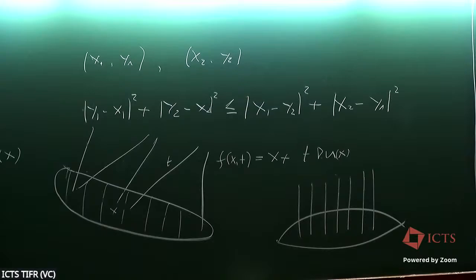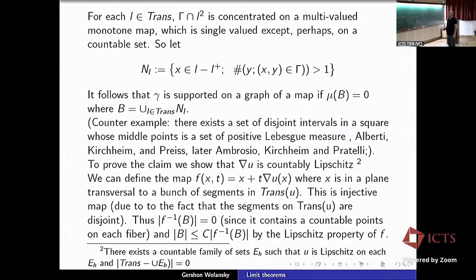If this is true, then we can rectify it and show that the measure of the bad set is smaller than some constant times the measure of its origin in the parameterized space x and t.